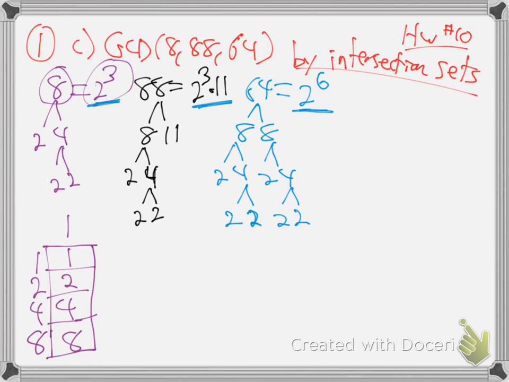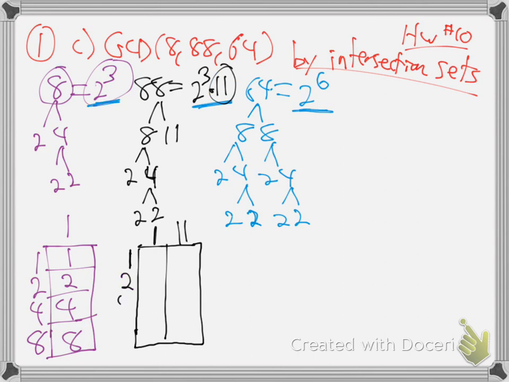Remember how that works? Maybe it'll make more sense with the 88, the one in the middle, the black one there. You start with 1, and then you put one of the primes across the top. That'd be the 11. And then the other one, you go down.